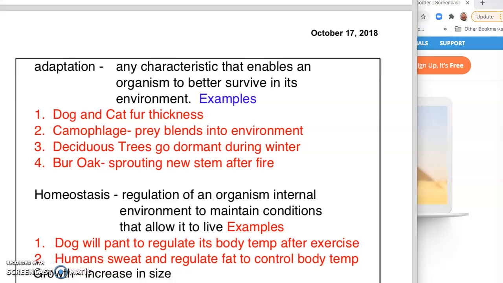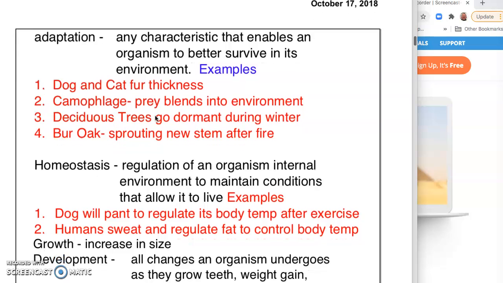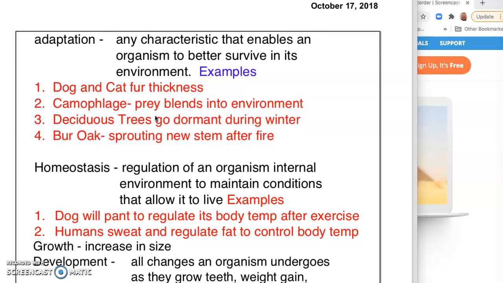Another function of a living thing is adaptation. You need to be able to adapt. An adaptation is any characteristic that enables an organism to better survive. Like we said, the dog and the cat getting thicker fur. We just had deer season, and one adaptation that the deer have is their fur changes color to better match the environment. They become more of a gray color.